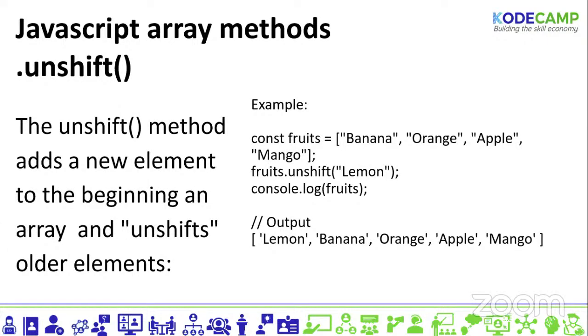Like what we see, the unshift method adds a new element to the beginning of an array and unshifts other older elements. So if we add, for example, lemon here, as it's adding lemon, it's shifting banana that was at index 0 to index 1, shifting orange that was at index 1 to index 2, like that, after adding lemon. So it unshifts the others.